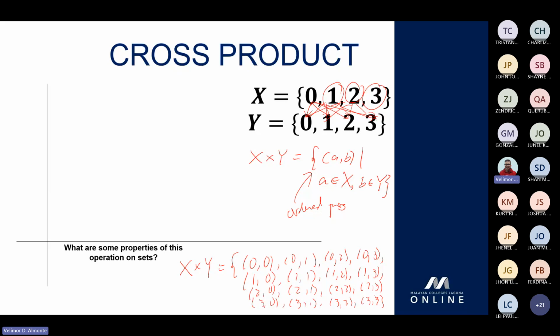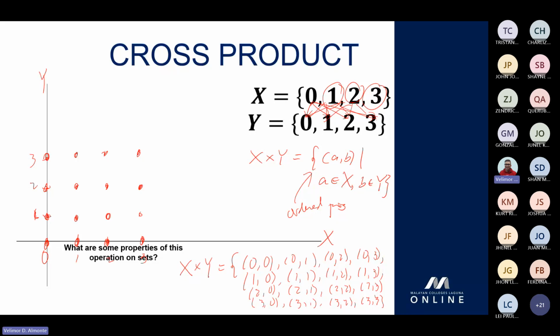Okay, so if you plot it here, 0, 1, 2, 3 and 0, 1, 2, 3. This is Y, this is X. Then the pairs 0, 0 up to 2, 3, etc. So it's like a set of dots in the XY plane, if you use integers.